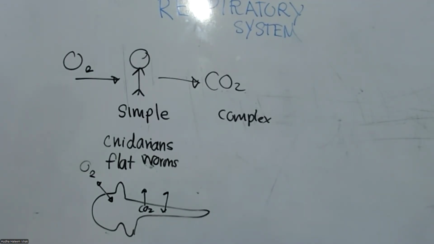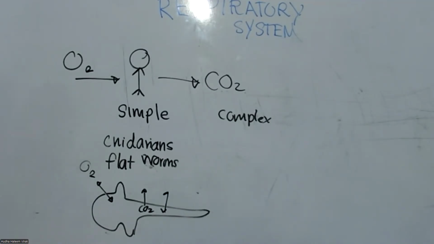We call these organs respiratory surfaces. Specialized surfaces such as respiratory surfaces evolved in complex or large animals. You all have to remember this.